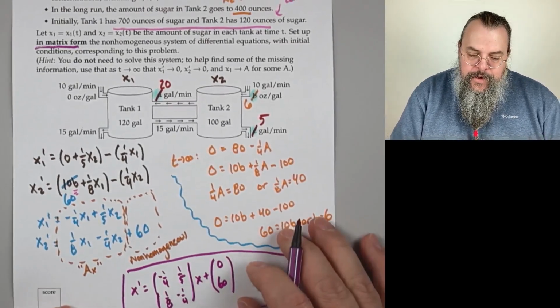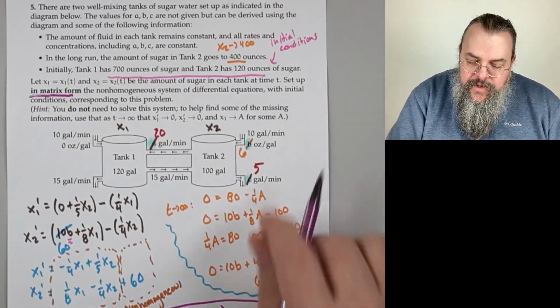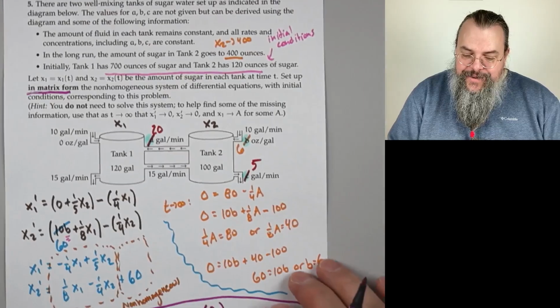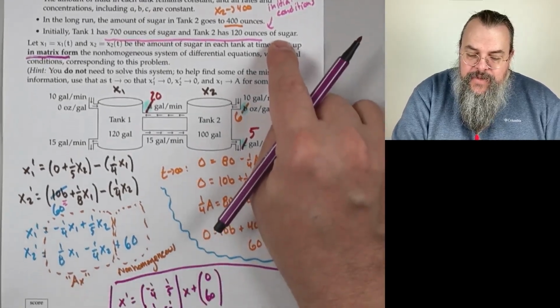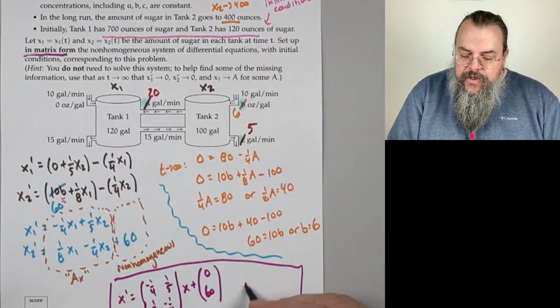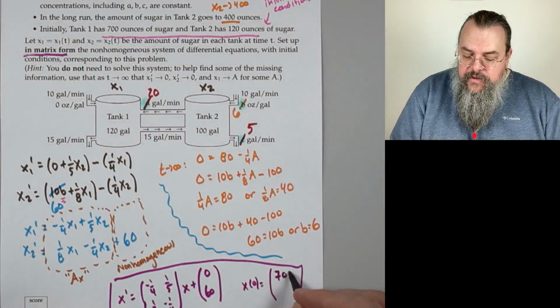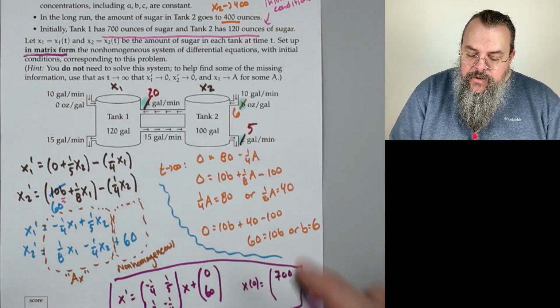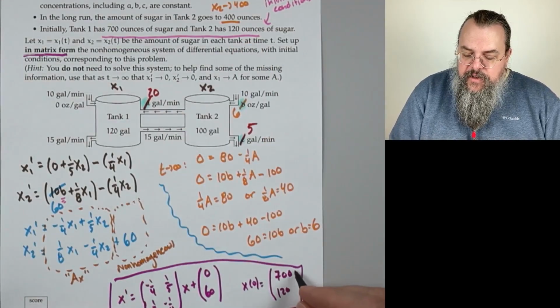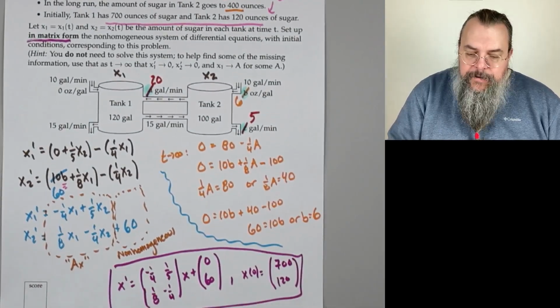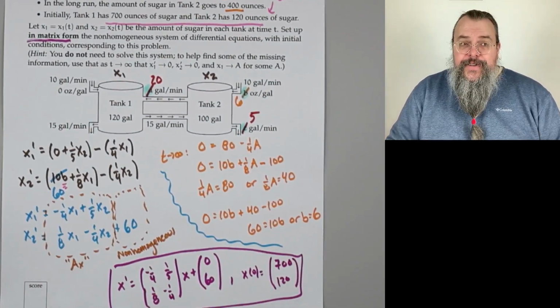Well, remember, it says with the initial conditions, which came from here. So our initial condition at x of 0: tank 1 had 700, so that goes in our first slot, and tank 2 was 120, which goes in our second slot. And there we go. Now we have our answers.